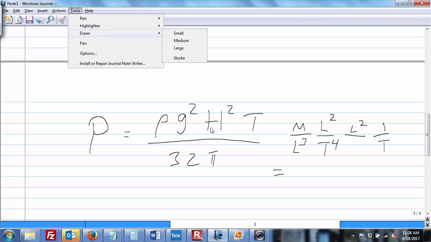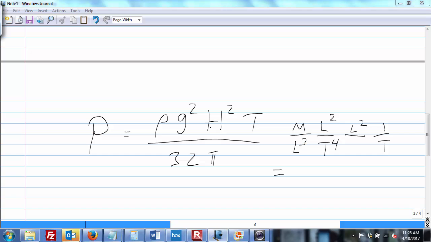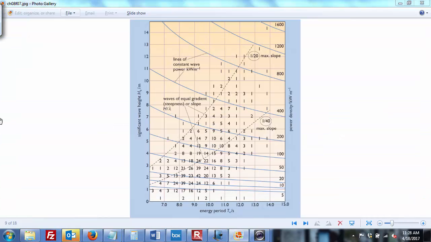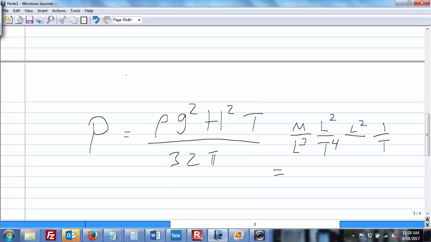Is that what you're seeing in your textbook too, Mariah? Which one? Does it actually give the units of T? Let's see. It doesn't right here.